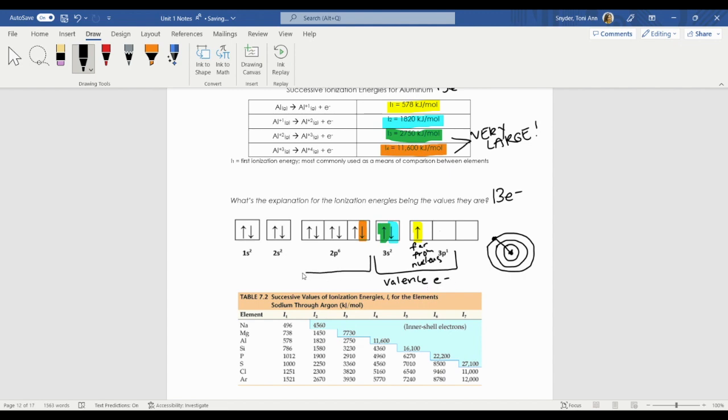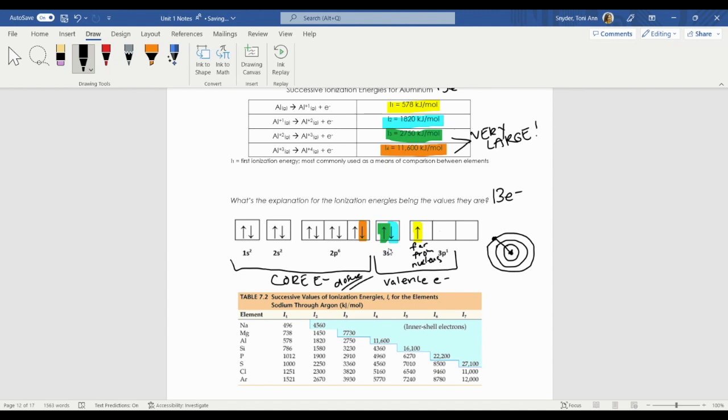Once we get beyond those valence electrons, these are called your core electrons. And those core electrons are closer to the nucleus, and therefore that nucleus has a stronger attraction to them, and they're harder to take away.